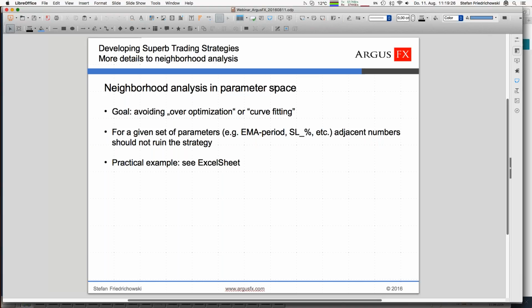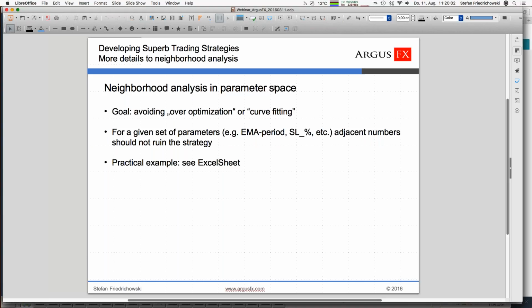Those might occur when you have the capability of really looking very close to your parameter space. And what you might realize, we have a perfect result with an EMA value of 209, and your strategy simply drops in profitability when you change the 209 EMA period to 208. And if you would realize something like that, then you should be careful.